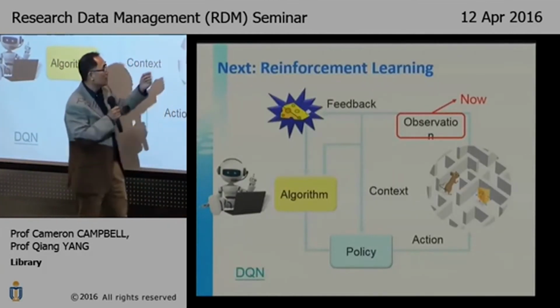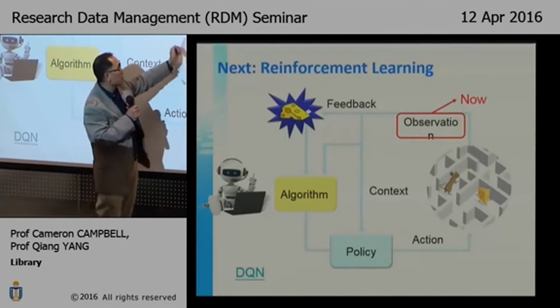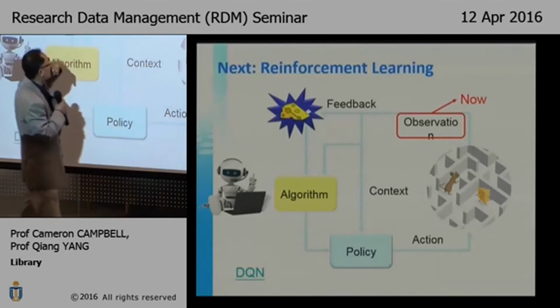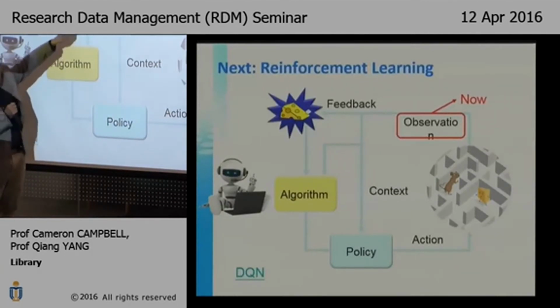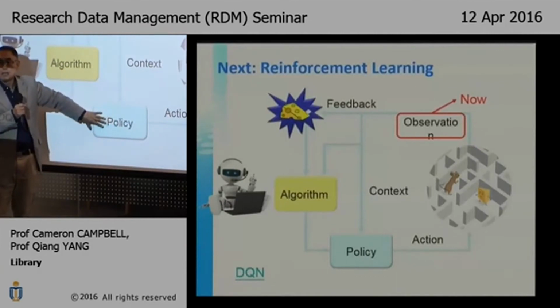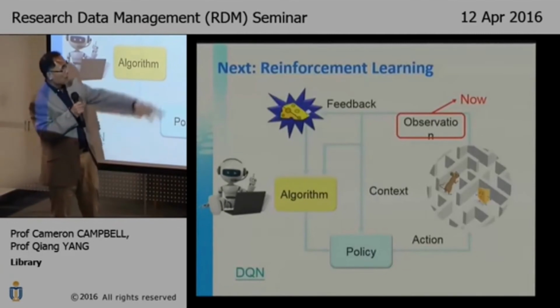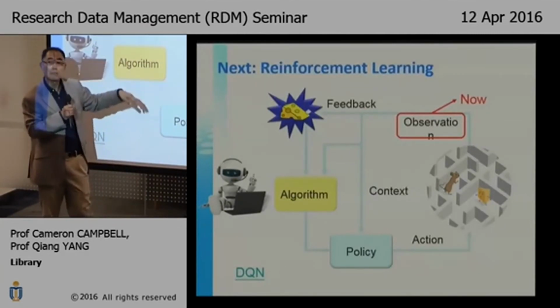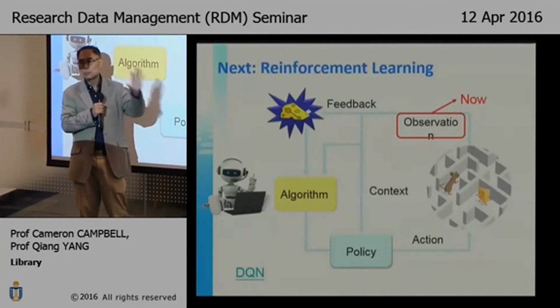It has memory. It can sense different things, smell and shape. So it makes observations, but then every move it makes, it gets some feedback. And by virtue of this observation and feedback, it can make modifications to its model, which is the policy. And if you repeat this many, many times, the policy is going to approach the optimal policy.